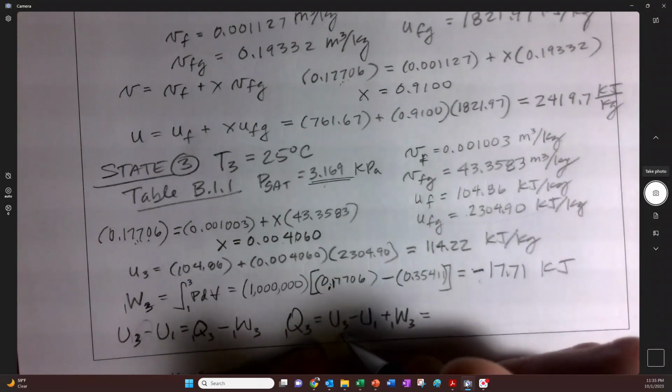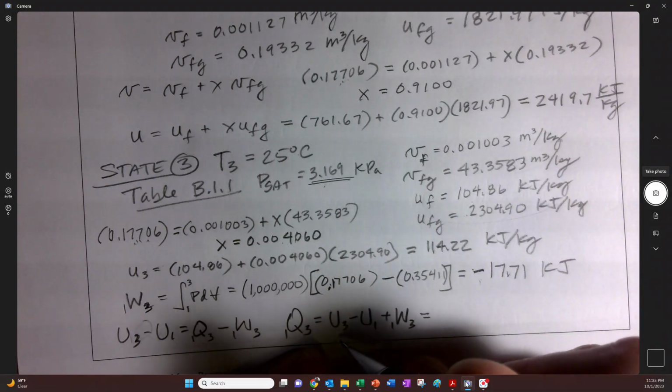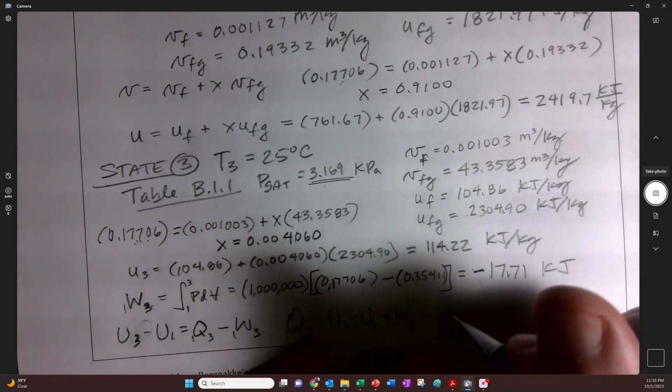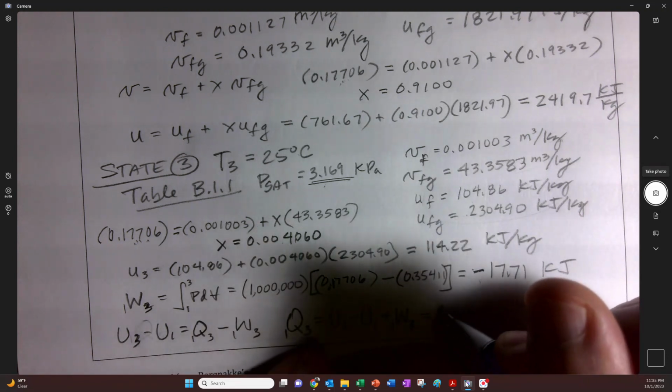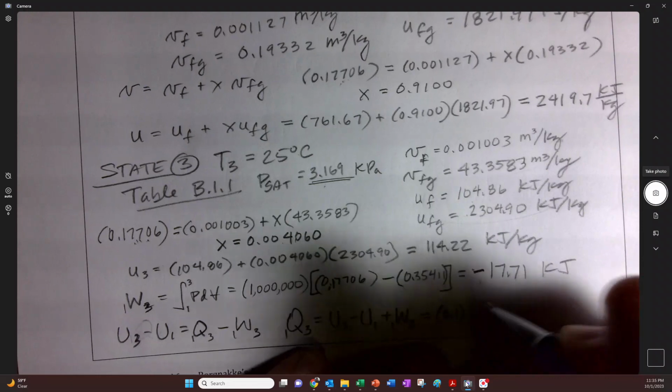We need the mass. Did we ever find the mass? We were told the mass, 0.1 kilogram.